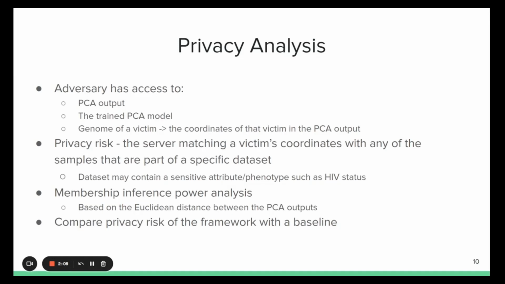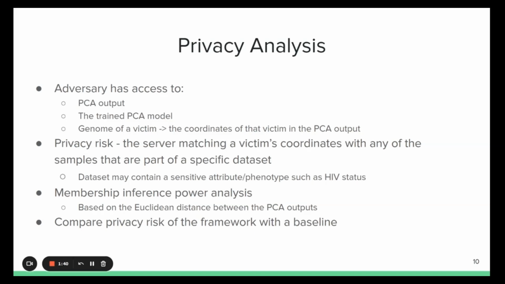What we do is that we use a controlled set of individuals that are not in the dataset and compute the Euclidean distance between their PCA outputs and those of individuals in the dataset. The minimum Euclidean distance is identified and is used to determine a threshold. Then a set of individuals in the dataset are analyzed, and their minimum Euclidean distances are compared to the threshold to measure the membership inference power.